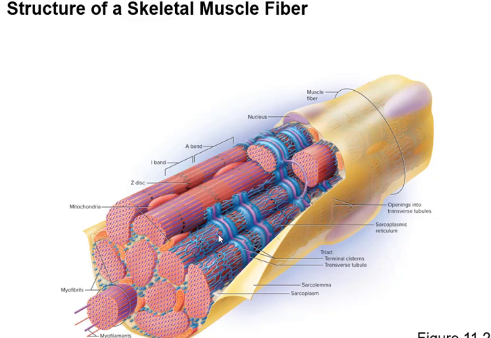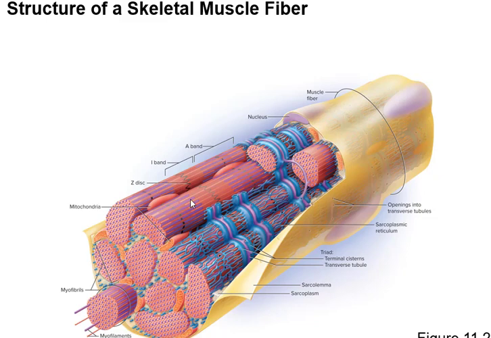And then if we strip away the sarcoplasmic reticulum, we're able to see there is the myosin band, there's the actin going this way, actin going that way. Where the actin meets right there is called the Z disc or the Z line or the Z band, depending on which book you're reading. From here to here, those are all the A band.